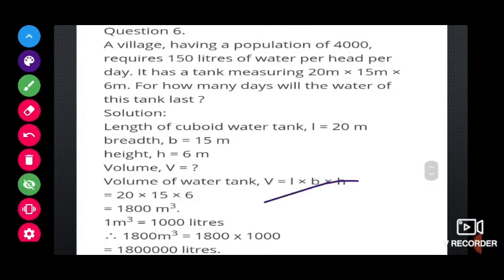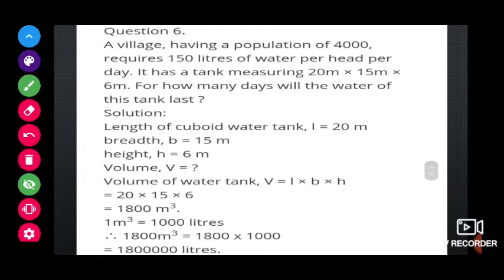Next, children, a village having a population of 4000 requires 150 liters of water per head per day. It has a tank measuring 20 meters, 15 meters into 6 meters. For how many days will the water tank last? Here, the village needs 150 liters of water per head per day.